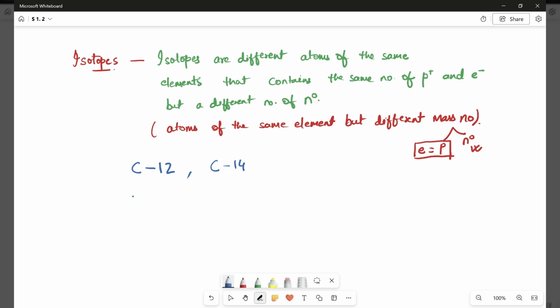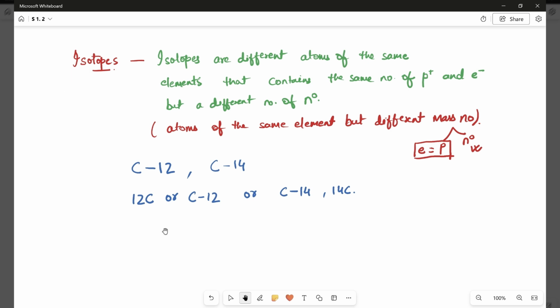You can also write 12C, or you can write C12, or carbon-14 or 14C. All these notations are correct, right?